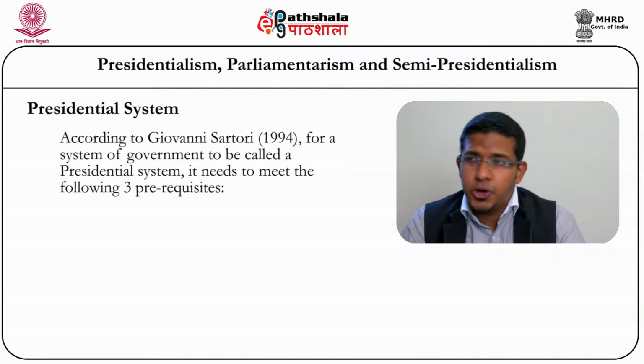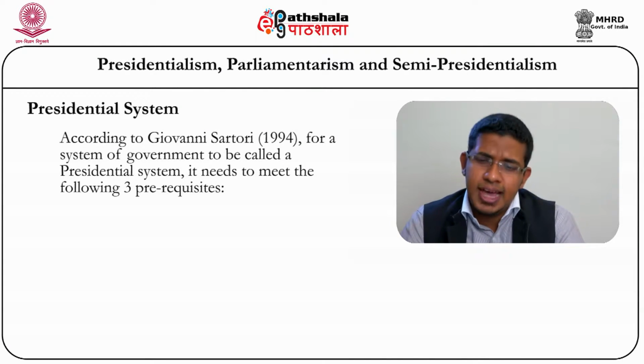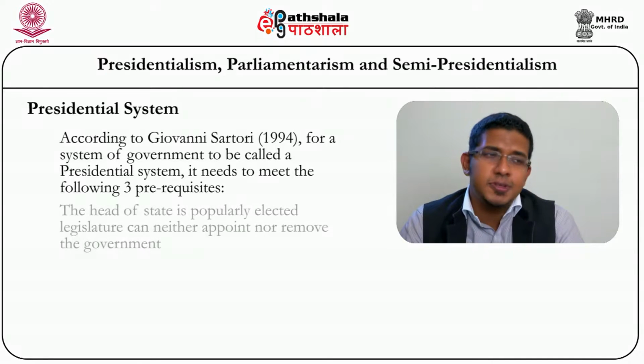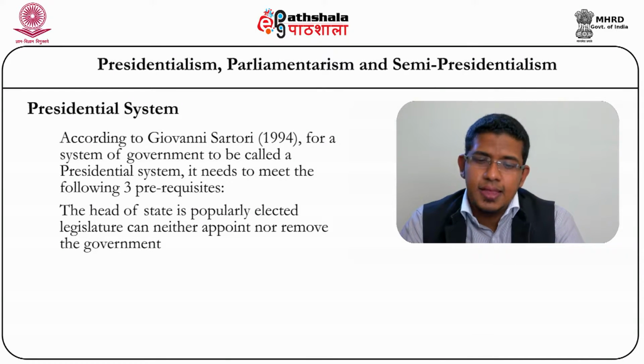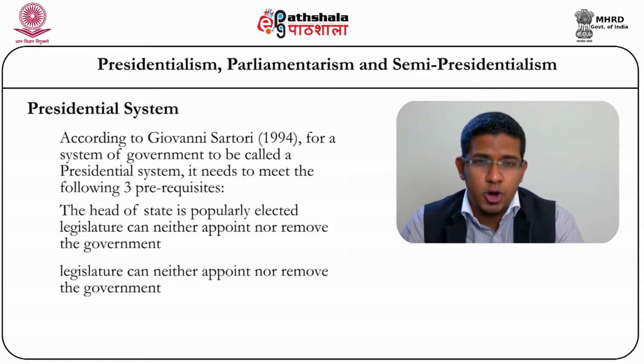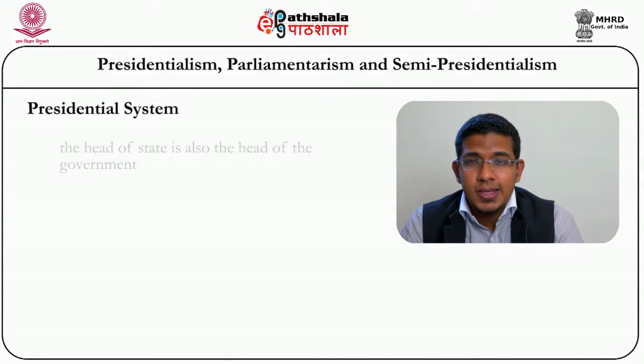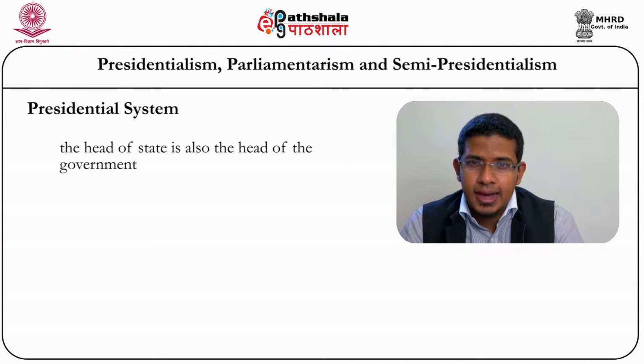So Giovanni Sartori, a scholar who's analyzed the systems of government, has highlighted three prerequisites for a presidential system. The head of state is popularly elected. The legislature can neither appoint nor remove the government. The head of state is also the head of government. So these are the three factors that make a system of government a presidential system.